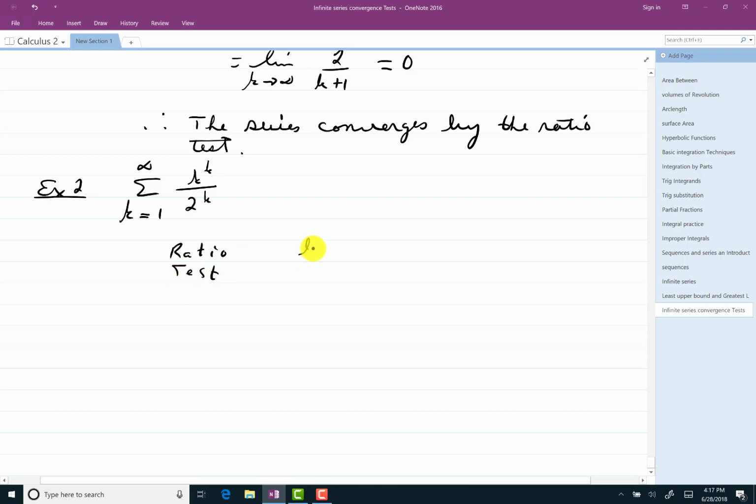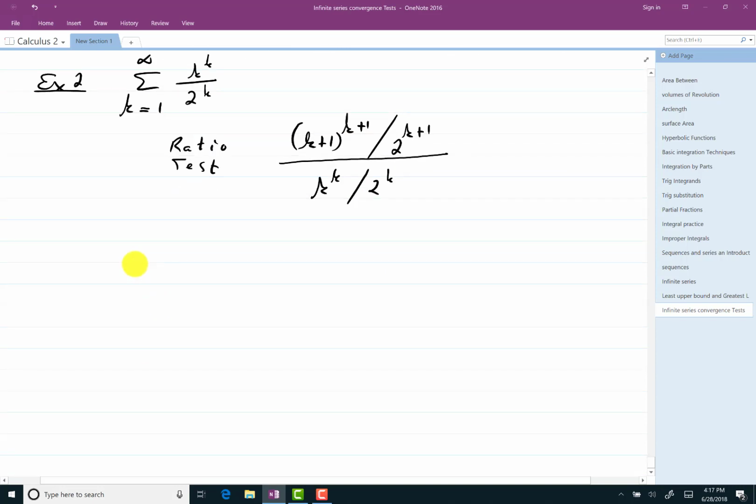So I'm going to take the k plus 1th term divided by the kth term. And I'll do the same thing as I did before. There's going to be fractions all over the place.